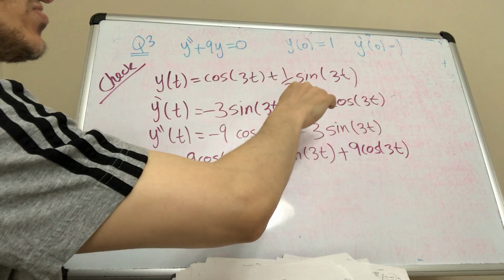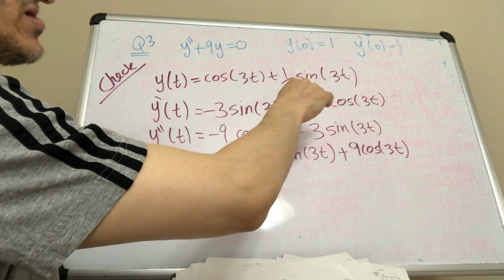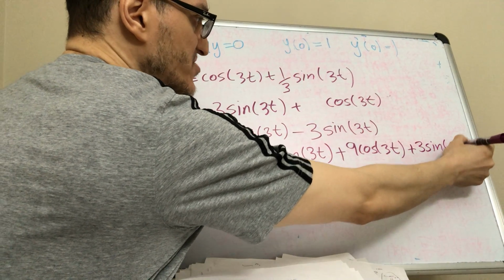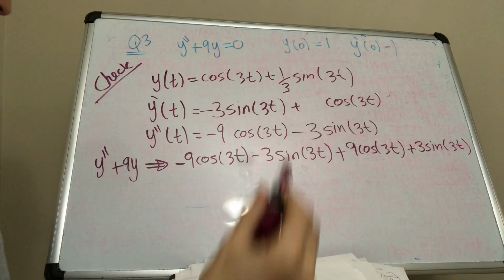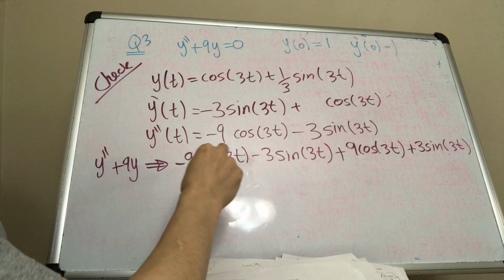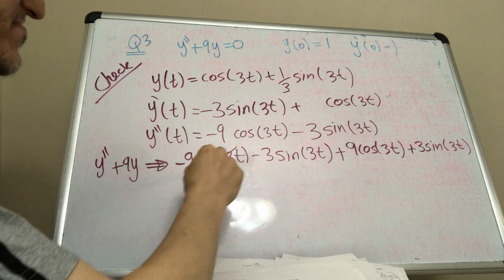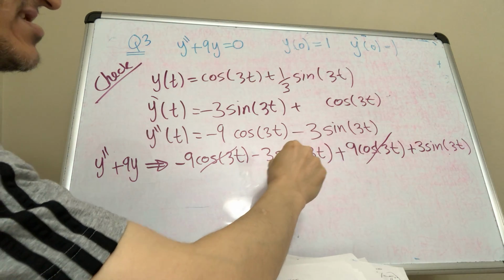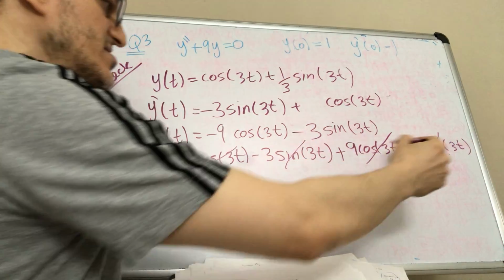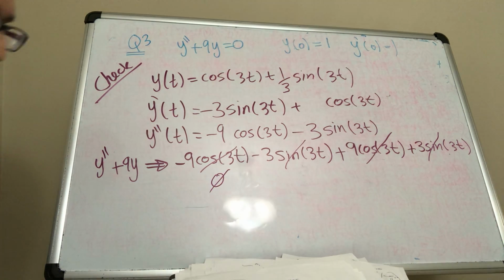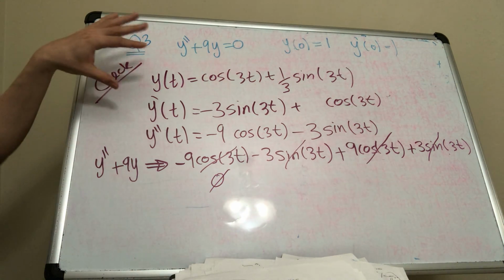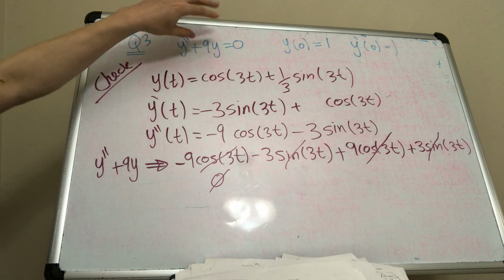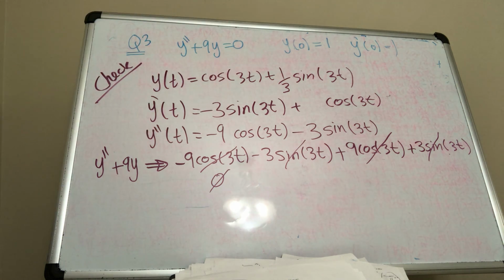And 9 times 1/3 is 3, and sine 3t. Does this equal 0? You'll see minus 9 cosine cancels with the 9 cosine, and a minus 3 sine cancels with the 3 sine, so it is 0. So yes, this part is satisfied with our answer.